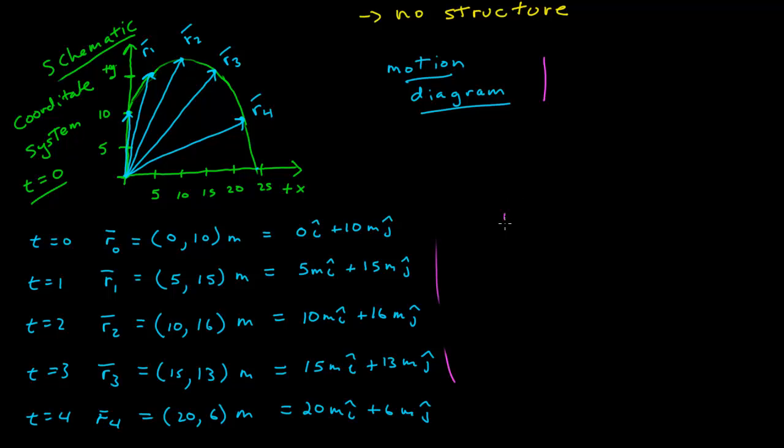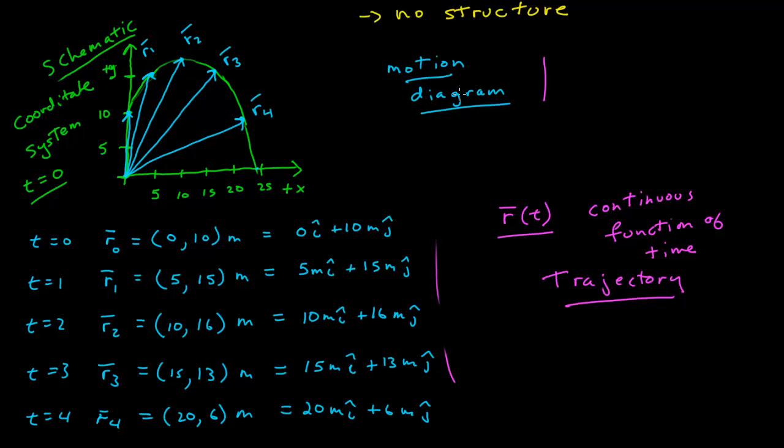Now, these vectors represent points in time of a function, a vector function r of t. So if this function here is a continuous function of time, this is called the trajectory.